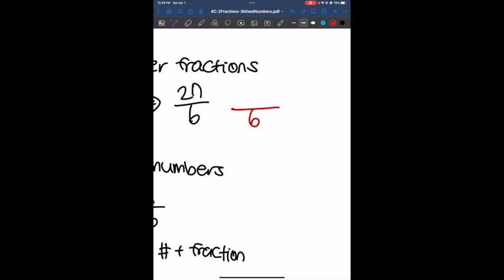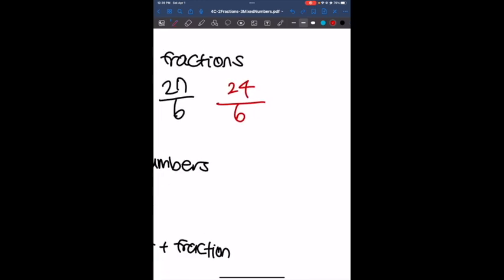So for example, a multiple of 6 that is closest to 27 and is smaller than 27 is going to be 24. So 6 times 4 is 24. And that's going to be the smallest and closest to 27.